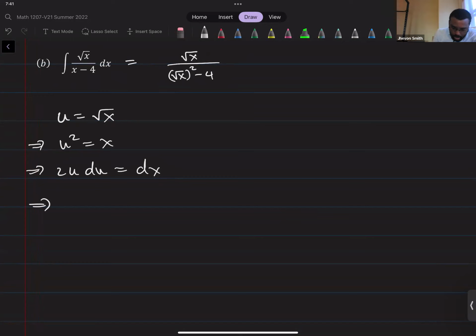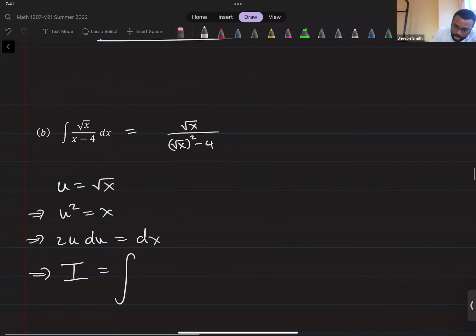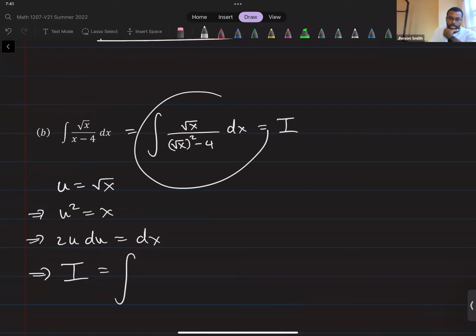So I would go in and take our integral, which I'll call I, and I can now start swapping things out. Looking at this version here, everywhere I see radical x, I can put u.